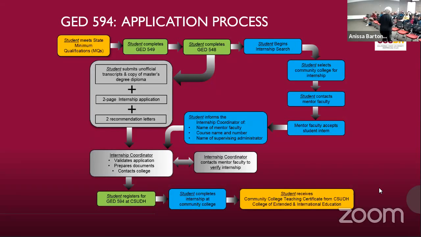And what happens is you have to allow for the time it takes to meet with a prospective mentor. You have to allow for the time when faculty are not on campus, like during the winter break or the winter intersession.